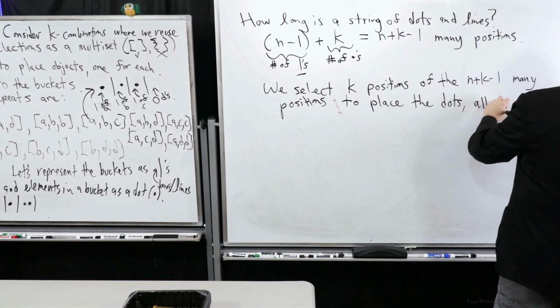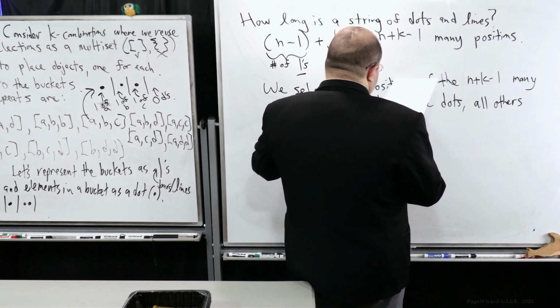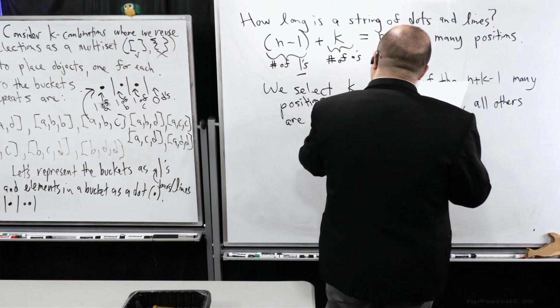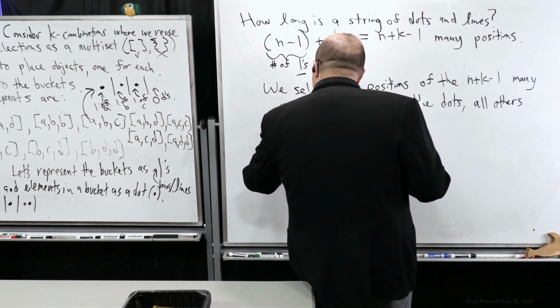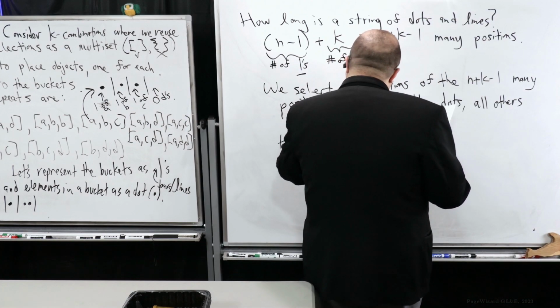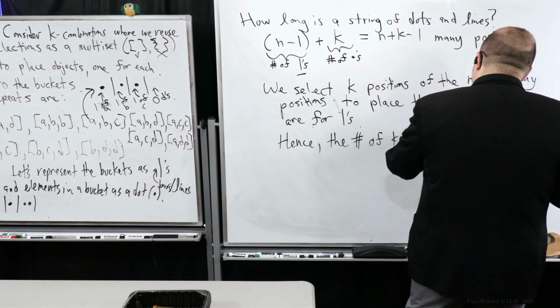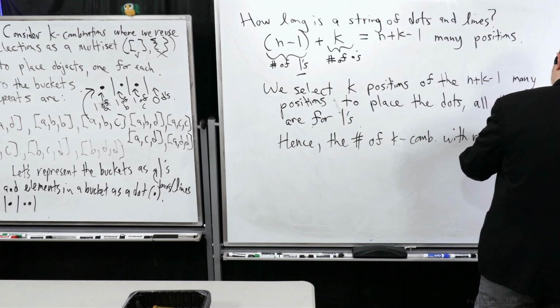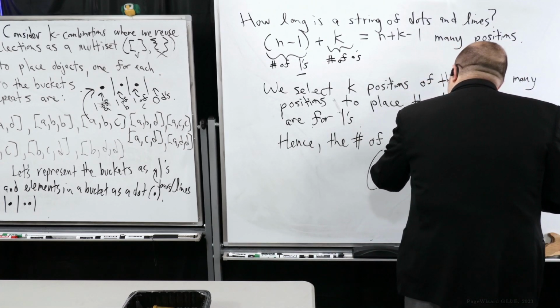All others are for bars or lines. Hence, the number of k combinations with repetitions or repeats is n plus k minus 1 choose k.